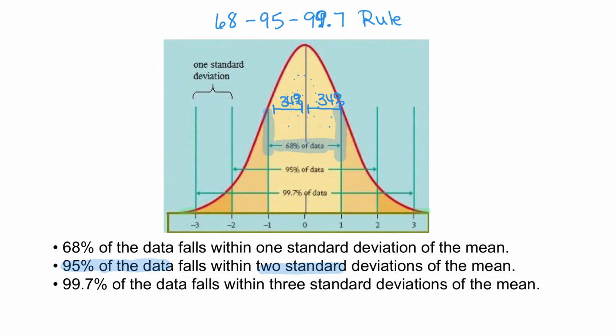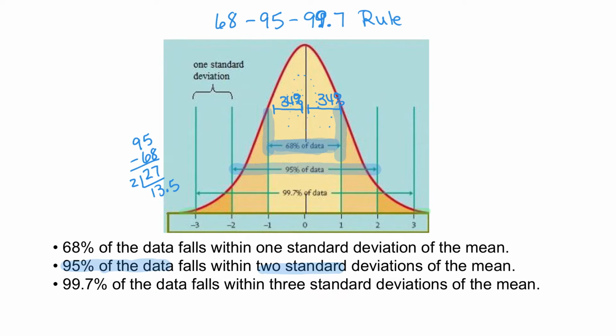So 95% of the data is going to fall between these two standard deviations. We already know that 68% is here. If I subtract 95 minus 68, that's going to give you 27, and then if I divide that by 2, that's going to give you 13.5% for each of these sections.